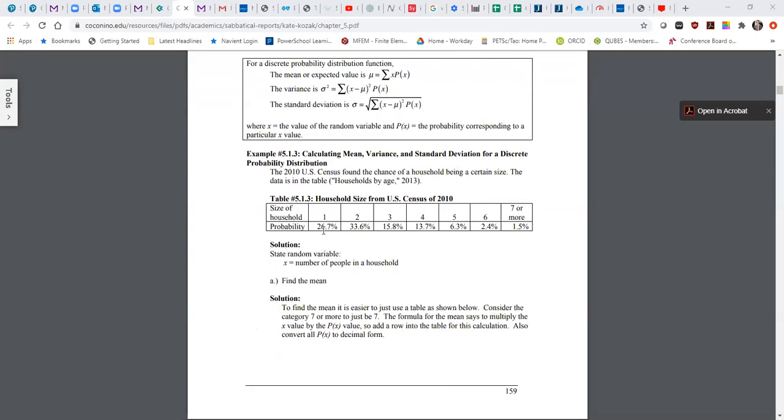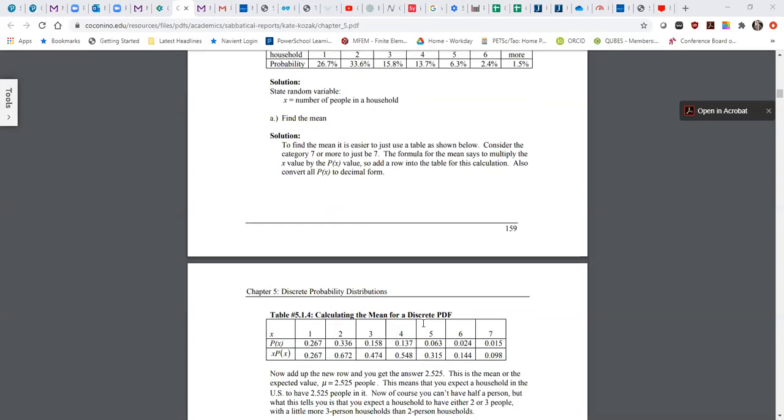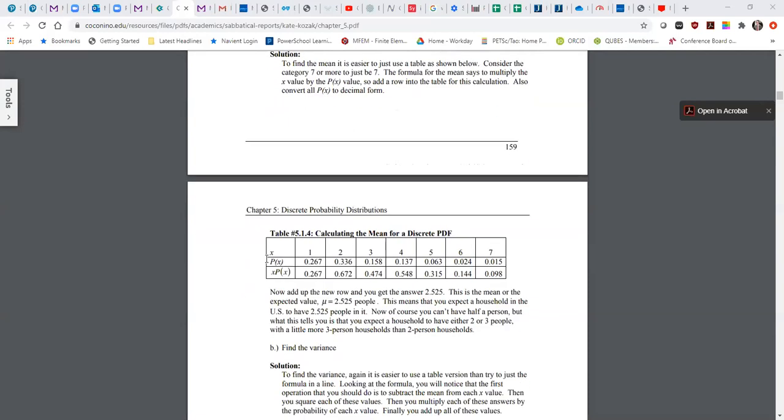For example, you go back to the previous example, right? To find the mean, you simply multiply these two, and so on, and then add them together, and you get the mean. I will give you the Excel for this one. You can see p times x, and you get the sum on the bottom here. If you add together, you get this one.